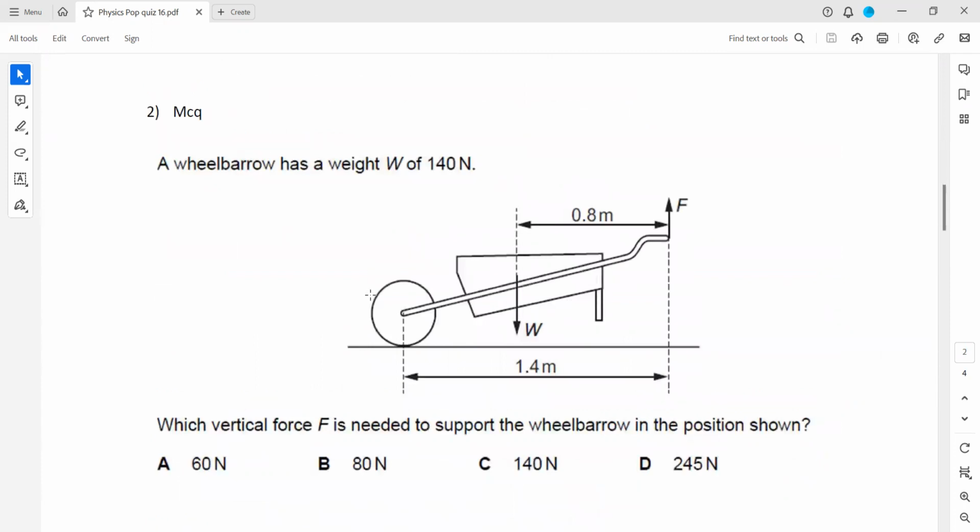In question 2, a wheelbarrow has a weight of 140 newtons. Which vertical force is needed to support the wheelbarrow in this position? Whenever you see such a question in which there is a turning effect, you will always use the concept that the clockwise moment is equal to the anti-clockwise moment.